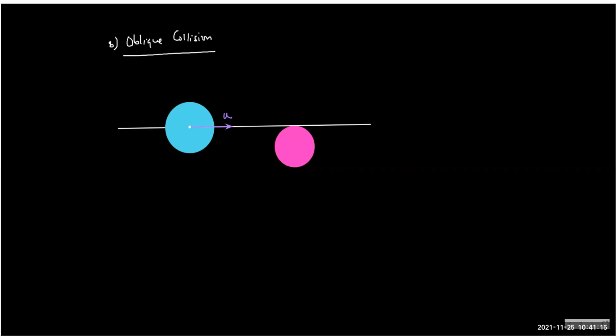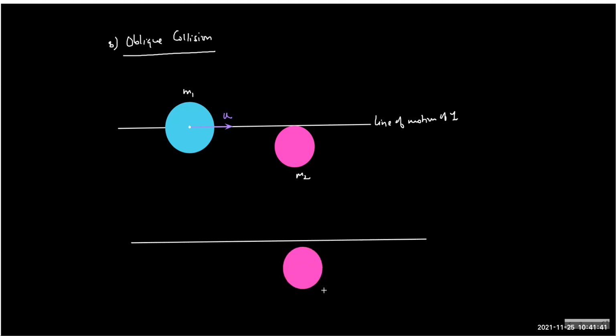Now this is moving, and when they hit, this is the line of motion of mass one. The other one is at rest, so there is no line of motion. Now, what we can realize clearly is that at the moment the collision is made, this is the point of impact.